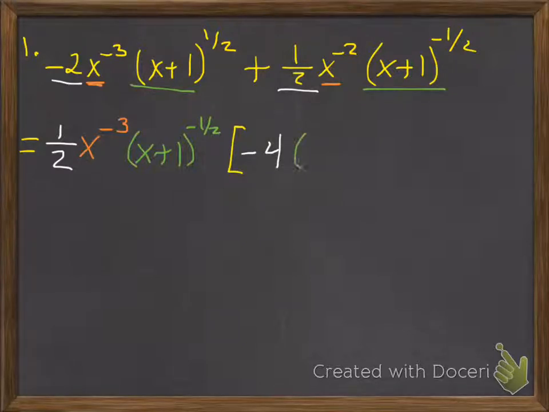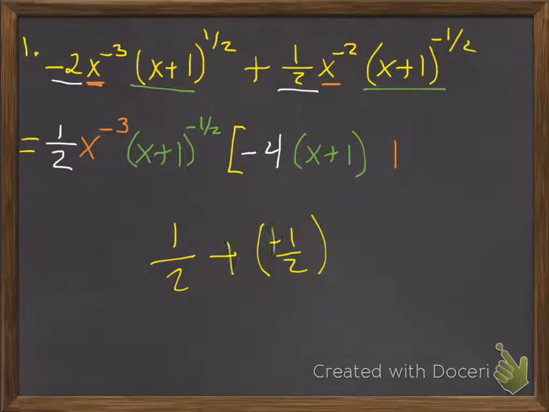We factored out all the x to the minus 3, so that's not there, and then the x plus 1 will be to the first power, because you have a pre-existing exponent of minus 1/2. If we factor out negative 1/2, we're actually going to be adding 1/2, so that gives us 2 over 2, and that gives us an exponent of 1 there. Okay. Now if we look at the second part, we factored out the 1/2.